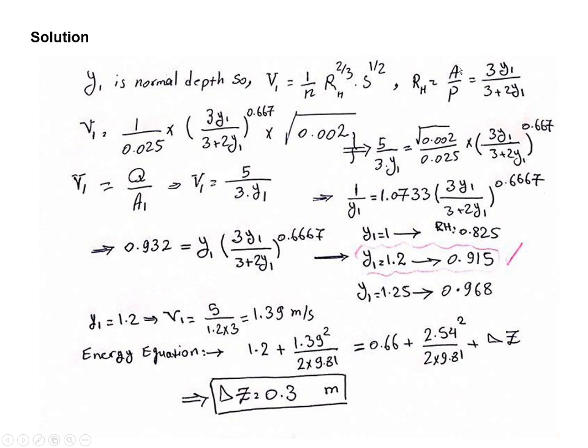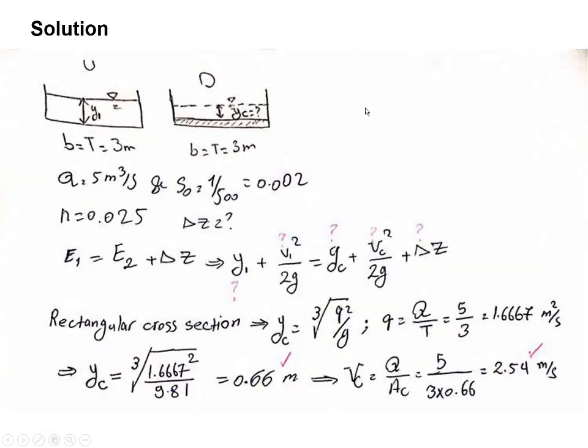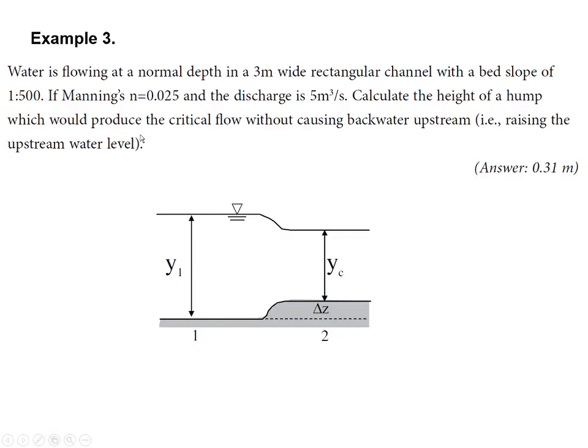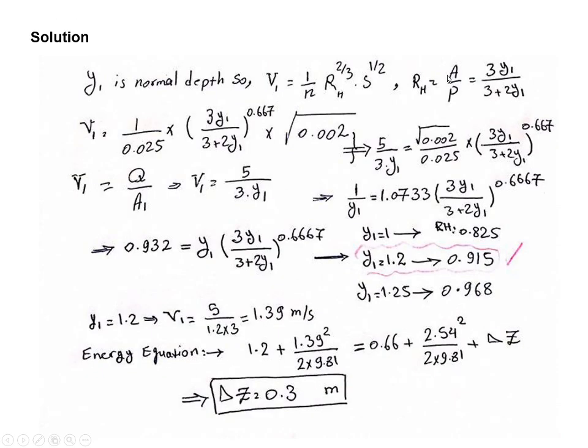Hydraulic radius equals the area over wetted perimeter. And here, this is a rectangular cross section. Area equals 3y, wetted perimeter equals 3 plus 2y. Therefore, hydraulic radius is 3y over 3 plus 2y.